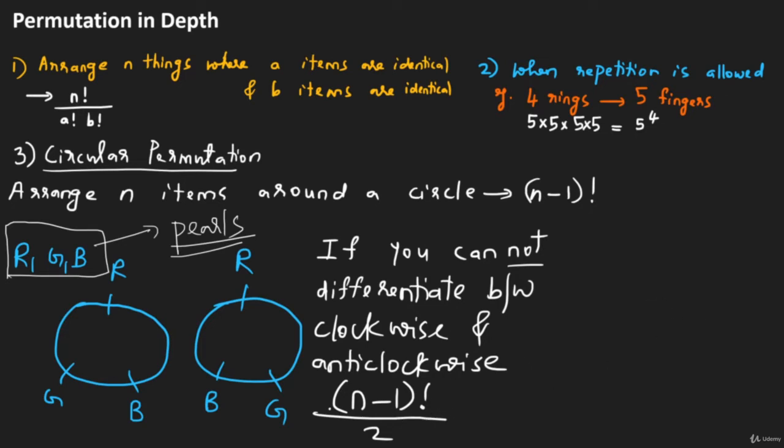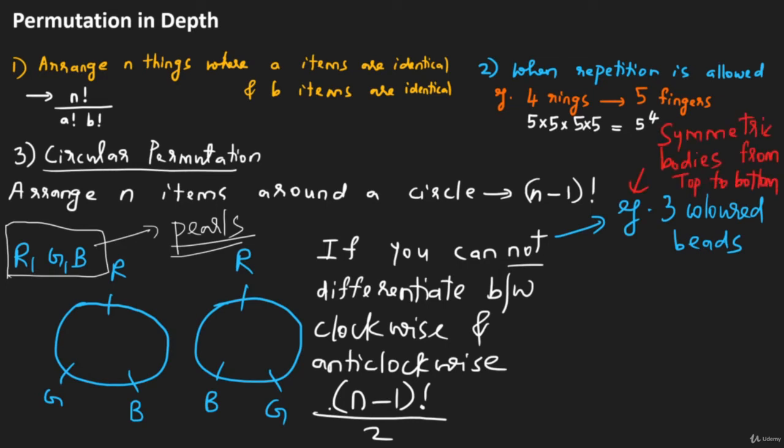Now over here you have 3 colored beads, for example, or pearls. In this case, the bodies are symmetrical from top to bottom, right? Therefore this arrangement and this arrangement are not different, but the same. If you look from the top, you will see it in this manner.